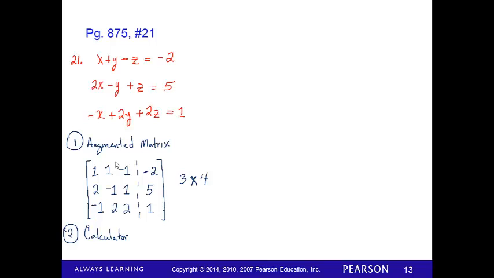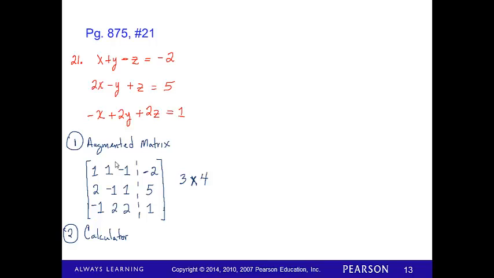Okay, once we have our matrix inputted correctly, and we trust that we do, you want to get out of the matrix menu, so hit second, quit. Second, quit gets you out of the matrix menu and back to the home screen. Now you need to get back inside the matrix menu.